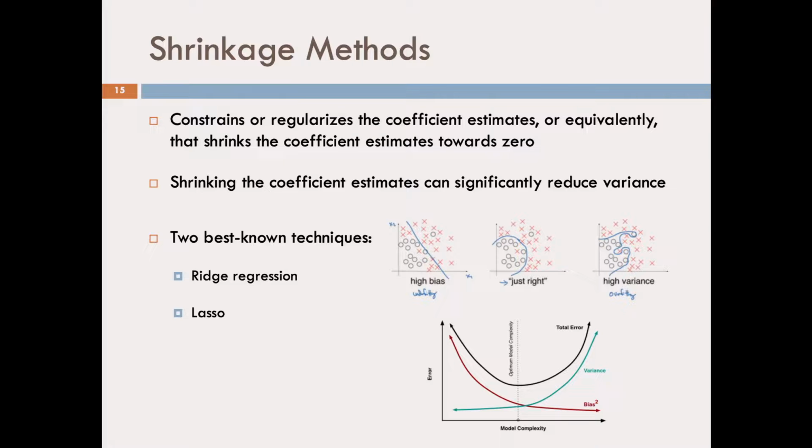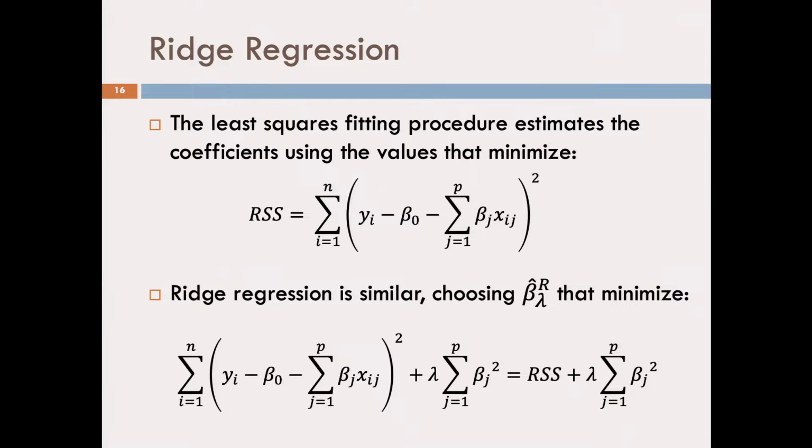And how do we do that? We just take the models that we already know. Our least squares fitting, we know how to compute it. And what we do is add a regularization term. For example, in ridge regression, this is the regularization term. We take the square of all the coefficients and sum all of them.